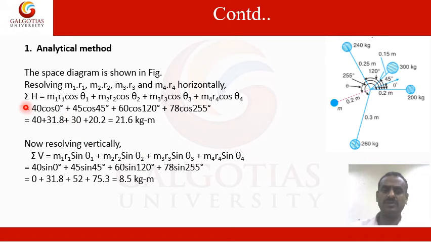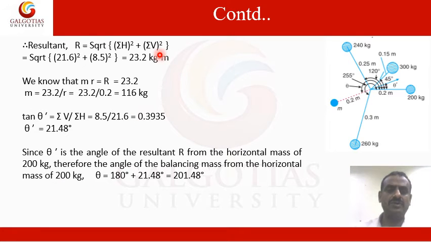Here we have found the summation of horizontal forces and the summation of vertical forces. Now we calculate the resultant force R equal to square root of sigma H squared plus sigma V squared. Once we substitute the sigma H and sigma V values, the resultant force is determined, that is 23.2 kg meter as per this problem.